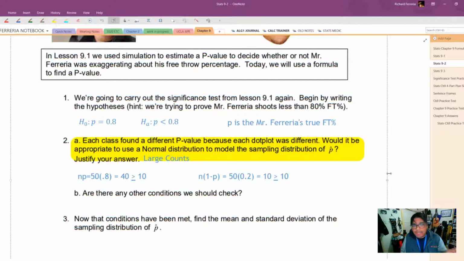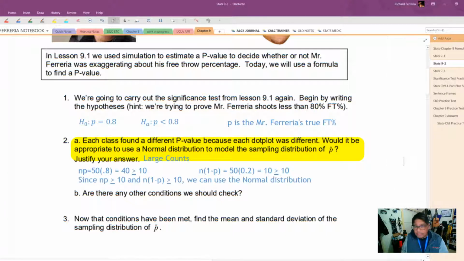Remember, I usually don't just multiply that. I just figure out that we need to get from 40 to 50, with 40 being np and 50 being the sample size, and that's where I get that 10. If you want to kick your understanding up a bit here, you can say that since np is greater than or equal to 10, and n(1 minus p) is also greater than or equal to 10, we can use a normal distribution.